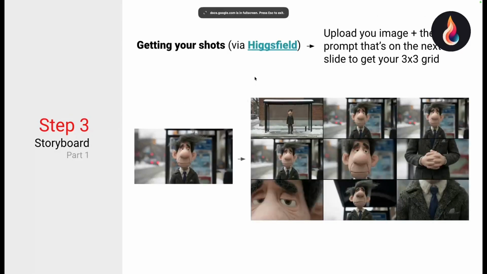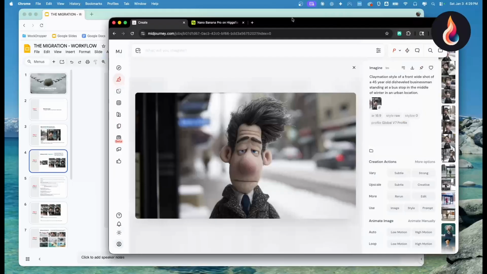But what it does is that you drag your image over to Higgsfield prompt area, and then you paste the prompt that's here in the text field, and it'll give you a 3x3 grid, basically what you see here, of different angles. And that's super cool and beneficial for building out your stories. You'll see later. So let's go ahead and do that.